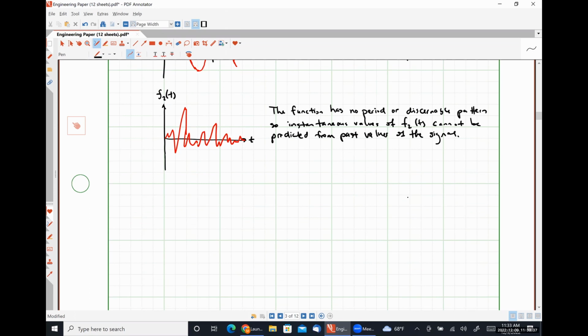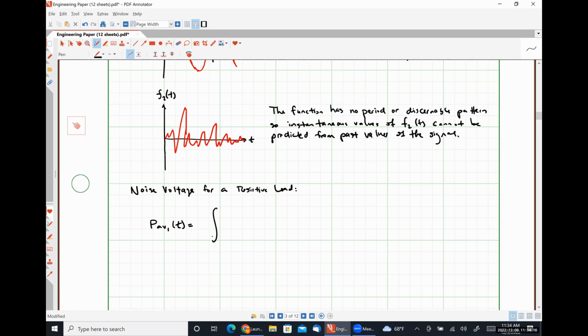So let's look at the noise voltage for a resistive load. So what would the average power delivered to a resistor by a periodic function look like, right?